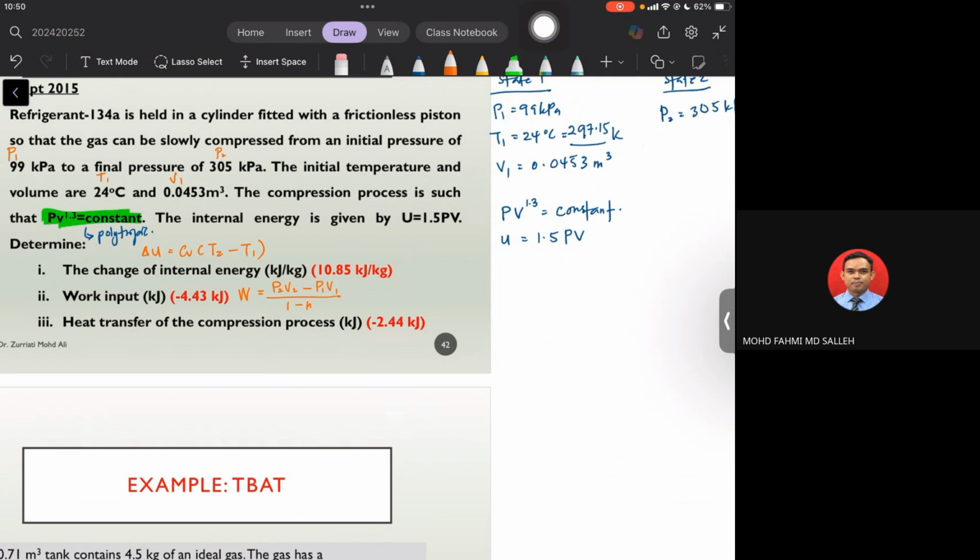Based from the question, the polytropic index will be 1.3.